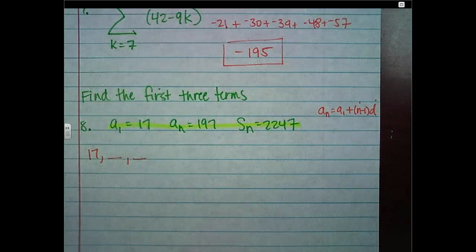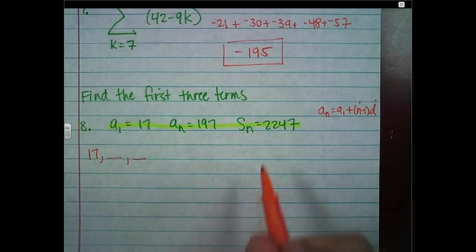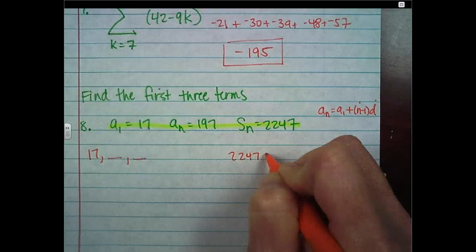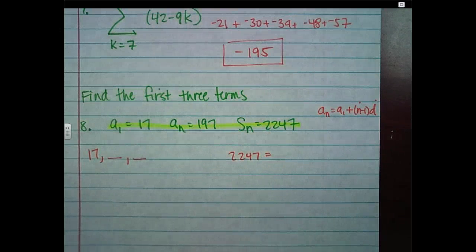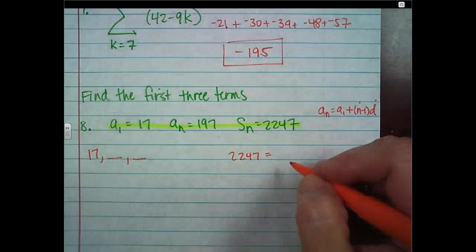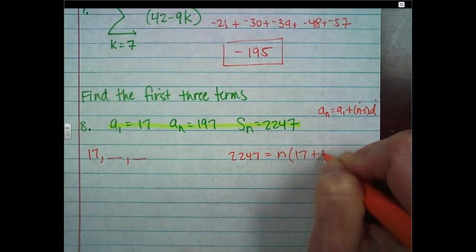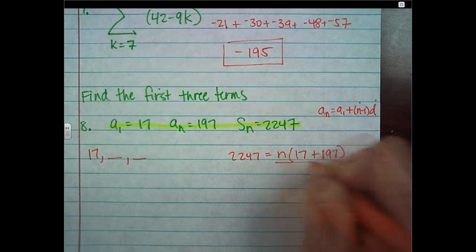I can't use this formula because I have 2 variables. So instead, let's use our summation formula, because watch what happens with that one. The summation formula says you take the sum, 2247, equals N times A1 plus A sub N, divided by 2.